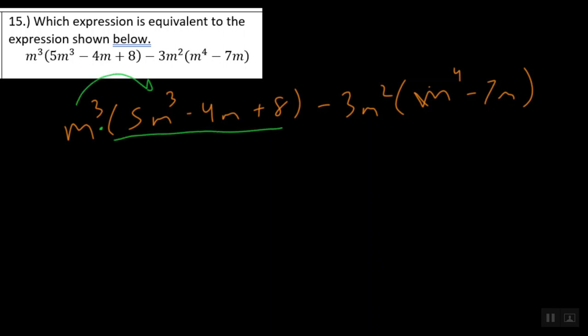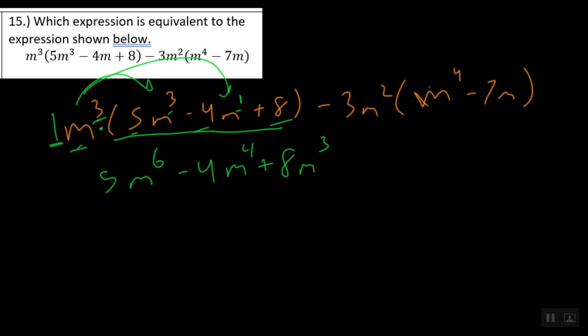So when we do this, we're really saying, hey, we have 1 times 5, which is 5, and m to the 3 times m to the 3 is really m to the 6. You just add your exponents. So m to the 3 times negative 4m, so 1 times negative 4 is negative 4, and m to the 3 times m to the 1 is really m to the 3 plus 1, which is 4, and m cubed times 8 is obviously 8m cubed.